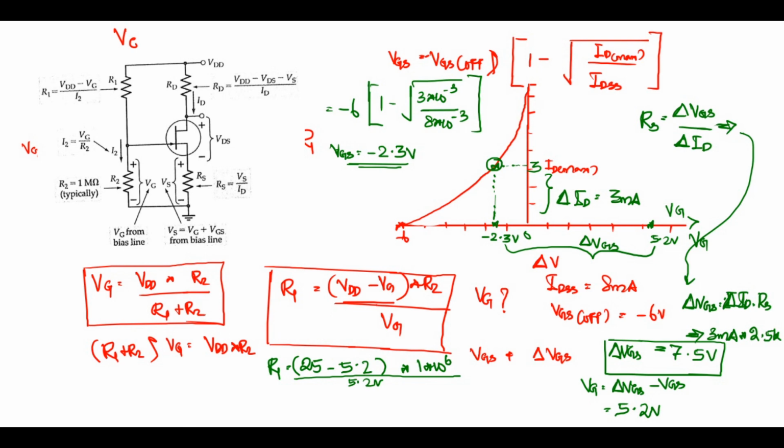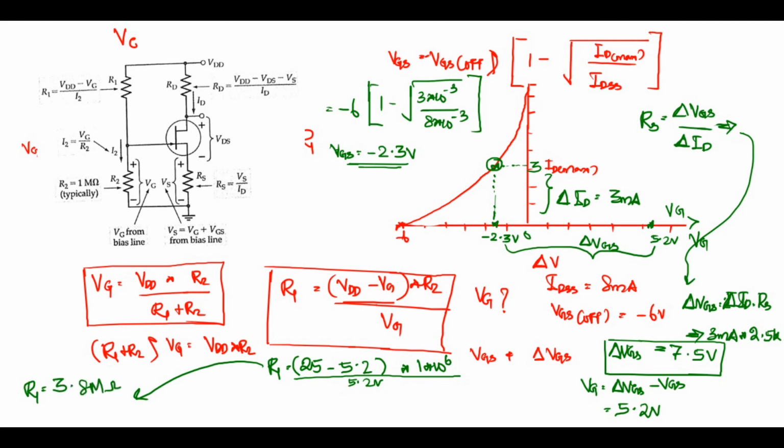So by substituting all these values, you will get the final answer for R1. I will write the value of R1 here. So R1 is equal to 3.8 mega ohm.